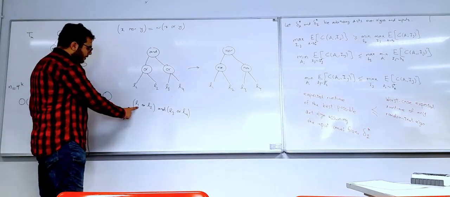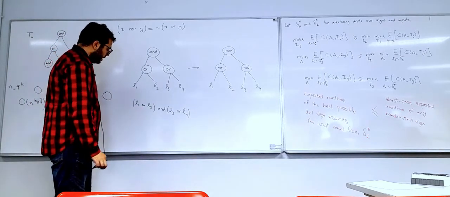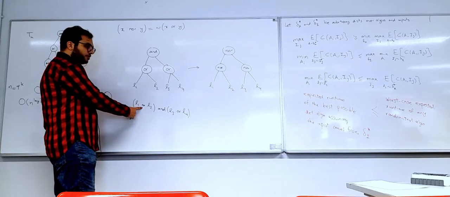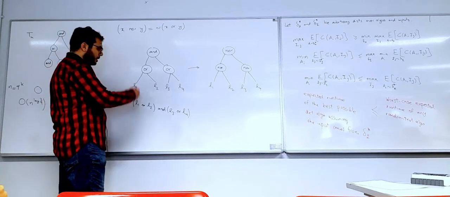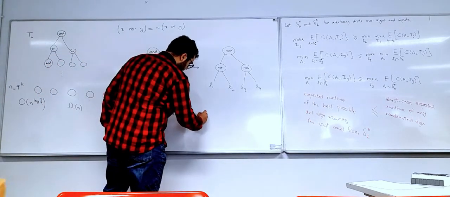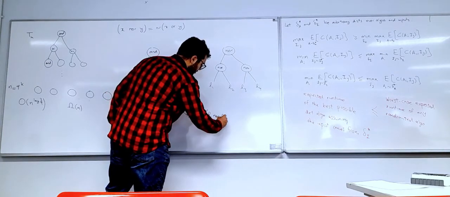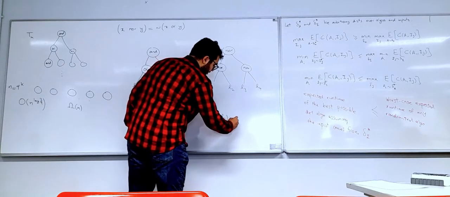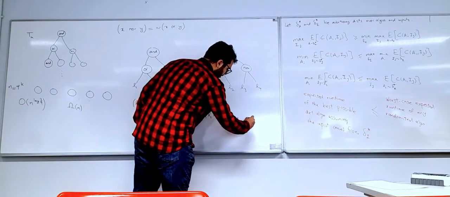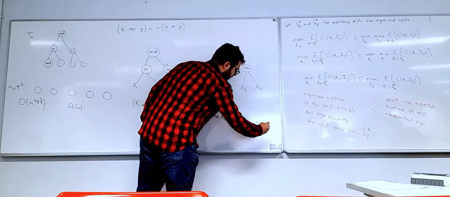Okay, so if I have L1 or L2, well, if I want to change this OR to a NOR, I can just take a negation. So this is the negation of L1 NOR L2 and the negation of L3 NOR L4.